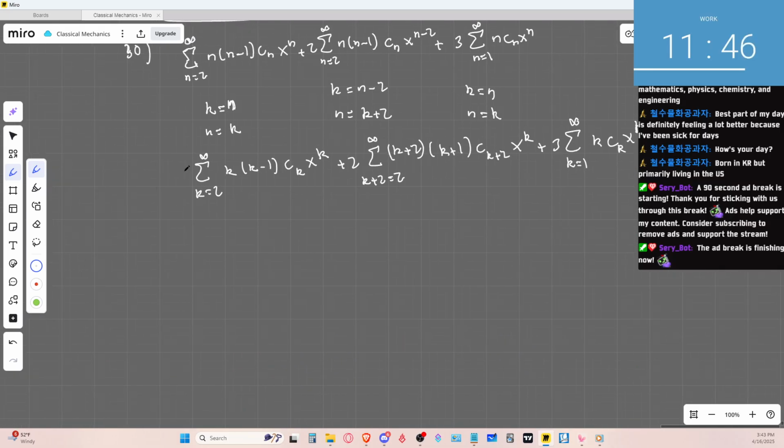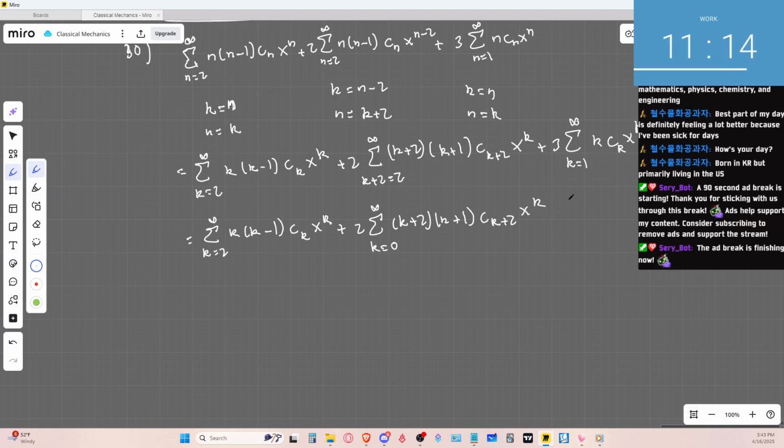So, now, the interesting part. I think we can leave this one alone, because I think this one's the highest one. This one's going to become 0, plus 2, plus 1, k plus 2, this one.